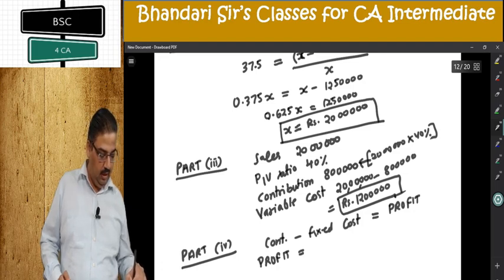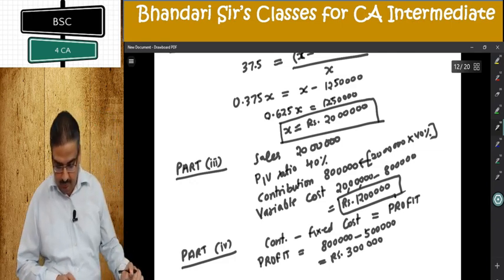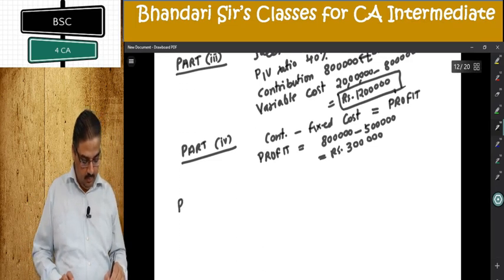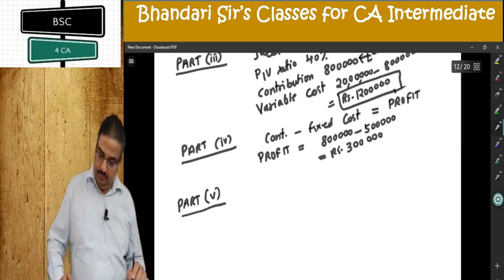So profit equals 8 lakh minus 5 lakh. This is rupees 3 lakh. Part 5, last part of this question.